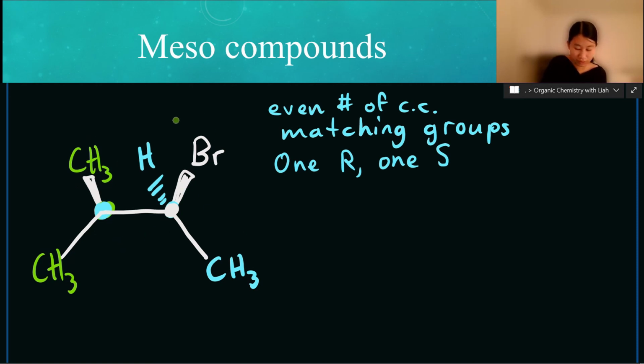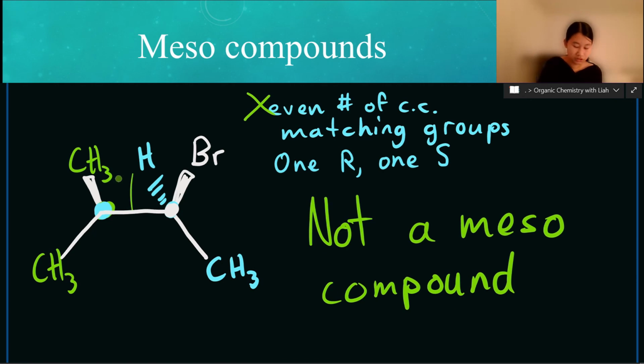So we only have one chiral center, and we need an even number of them. So this is not going to be fulfilled. Therefore, we can say right now that this is not a meso compound. It just doesn't satisfy this first one, so we don't have to do anything else. We automatically know from counting the number of chiral centers that this is not going to be a meso compound.